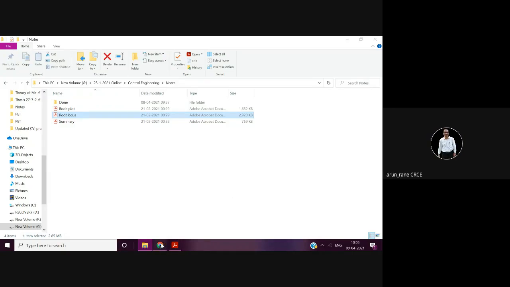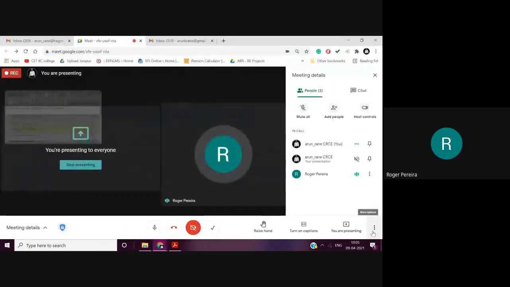Sir, in the final exam, as Rao sir has sent that photo, it is only written theory and MCQ. So the numericals will be asked in what way? See, in total it is an 80 marks question paper, divided into 40 and 40.